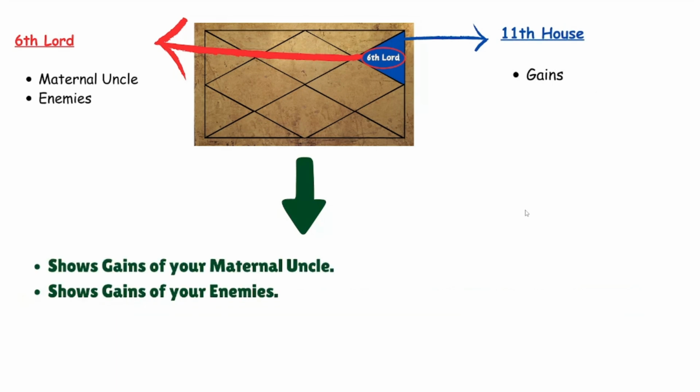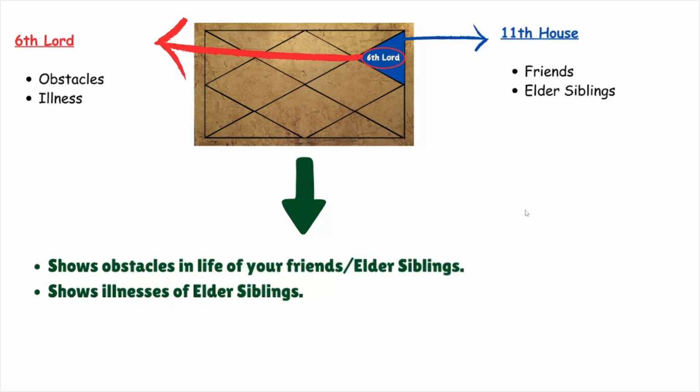Sixth lord is your maternal uncle, it is your enemy, and now this has gone and sat in the 11th house of gains. So it can show that your maternal uncle can be rich or earns good money. It shows the gains of your maternal uncle, gains of your enemies.